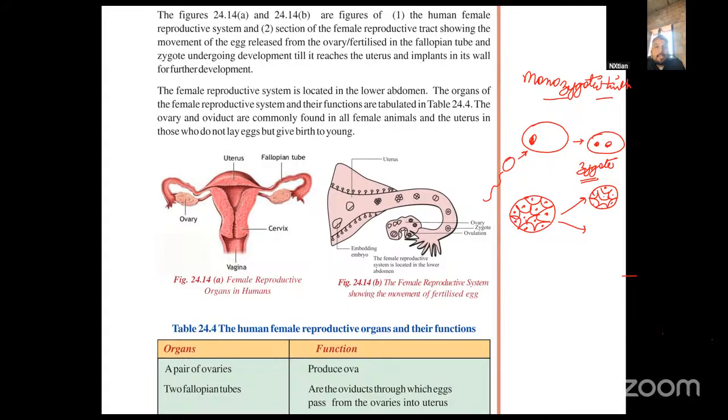Basically the cell will divide from inside only and more cells will form, but because of some accident, this will create two embryos like this.